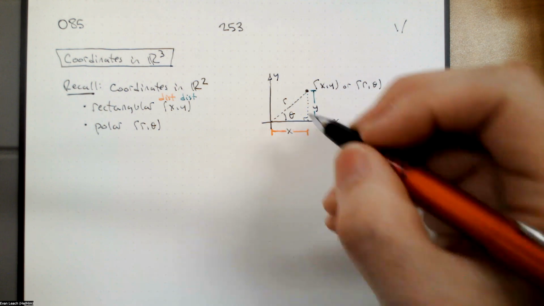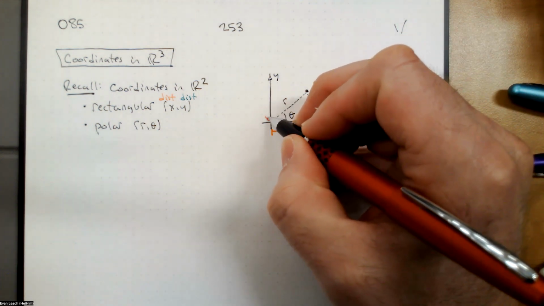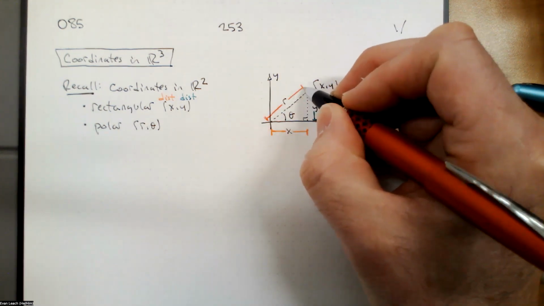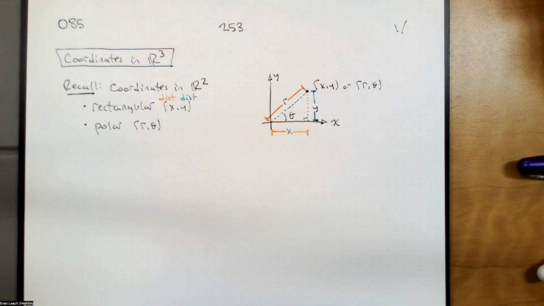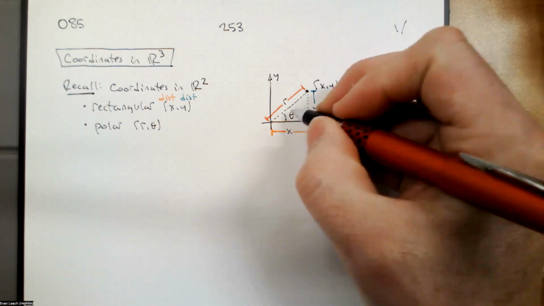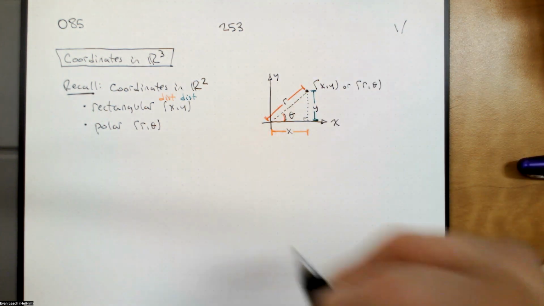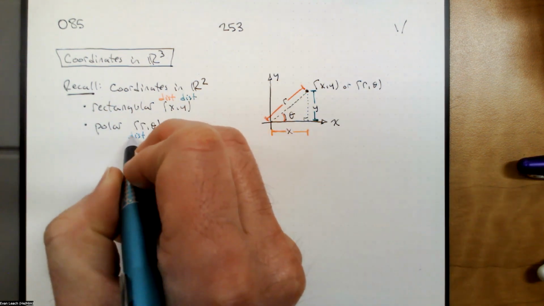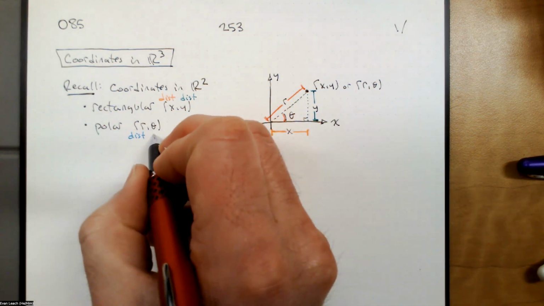In polar coordinates, we had one distance, the distance from the origin, or in this case, the pole, and an angle. So r is a distance, and theta is an angle.